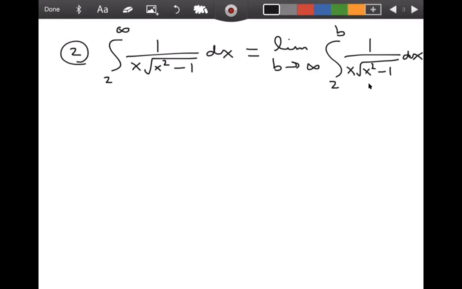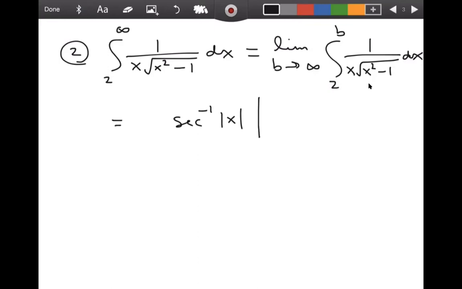Okay, well, fortunately, we just learned not too long ago about the integral of 1 over x times the square root of x squared minus 1. That antiderivative is the inverse secant of, technically I should say, absolute value x.